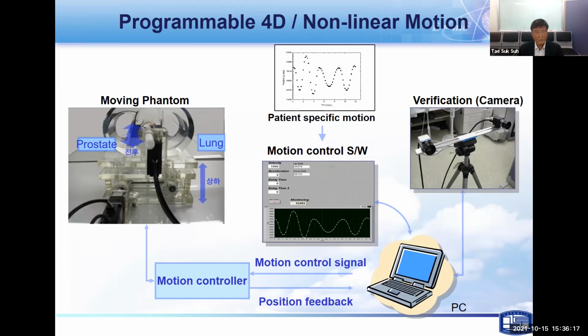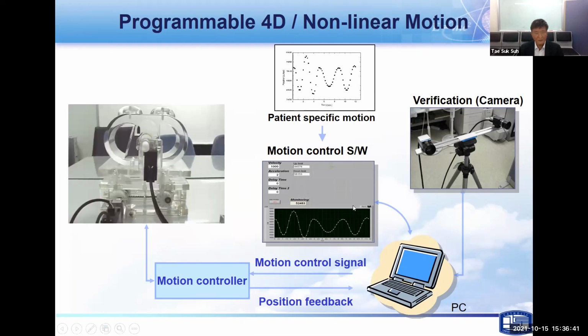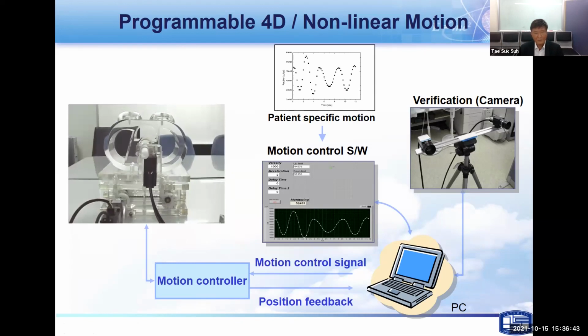Then motion control software was employed to control the moving phantom. And finally, for verification, the camera system can verify the motion of the moving phantom. So this system is very nice to check the dose and position of the organ of patients.